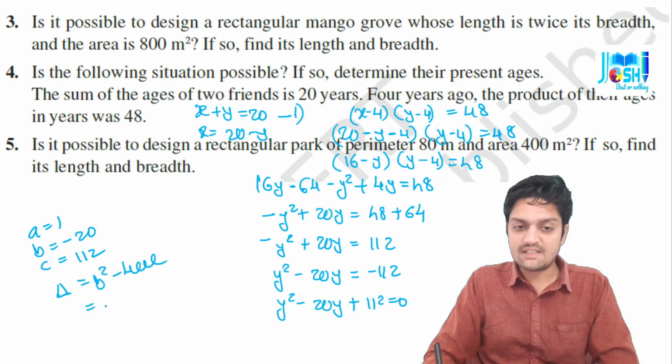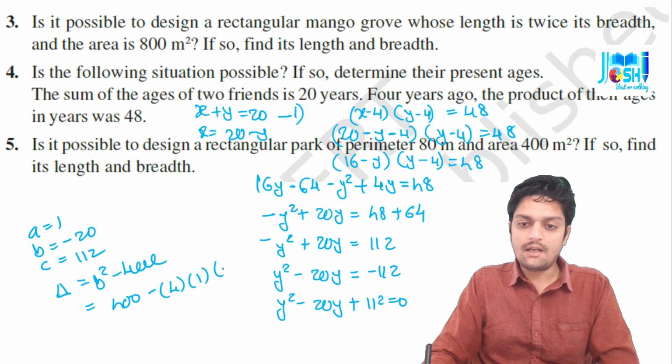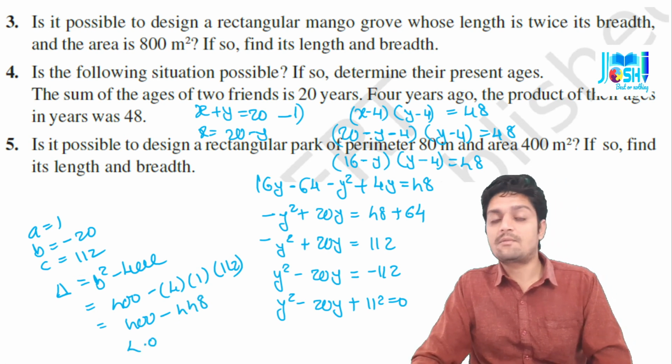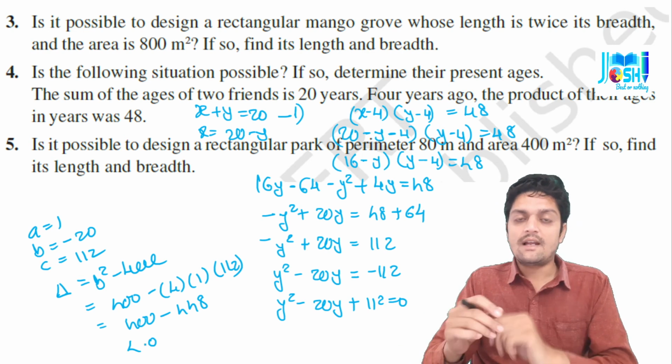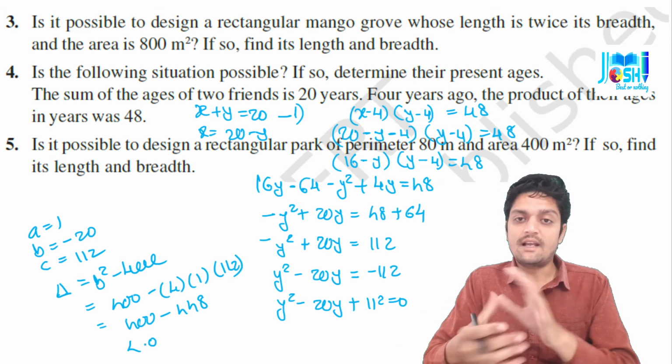So b square means minus 20 square, 400, minus 4 into 1 into 112, so 400 minus 448. The answer will be less than 0, minus 48. Because delta is negative, you cannot get real values.